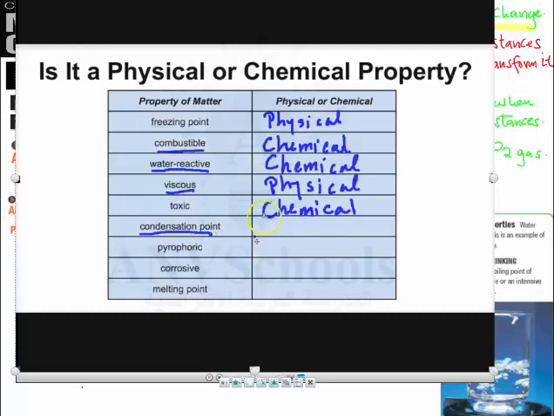Condensation point is a physical property. Then pyrophobic is chemical. Corrosive is chemical. Melting point is a physical property.